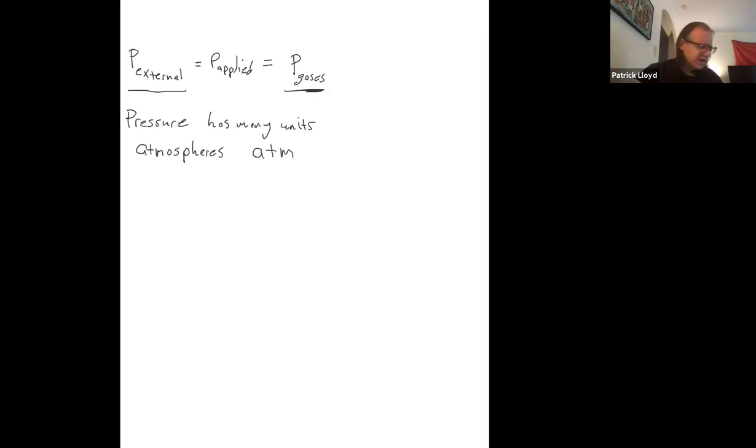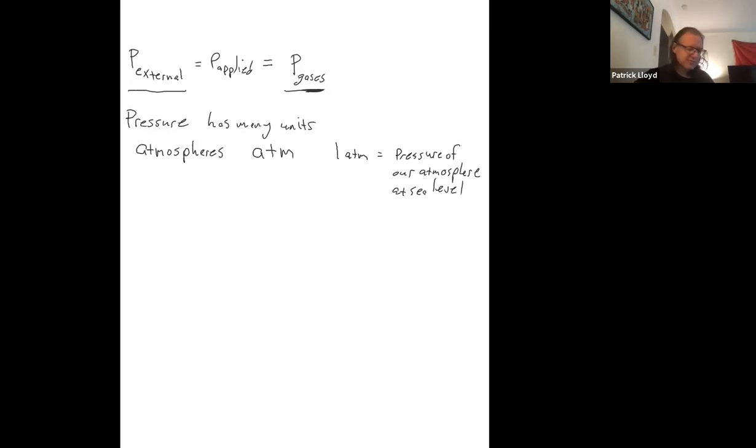One atmosphere, one ATM, is essentially the pressure of our atmosphere at sea level. Okay, that's essentially what an atmosphere is.